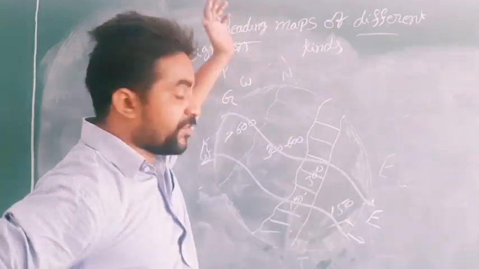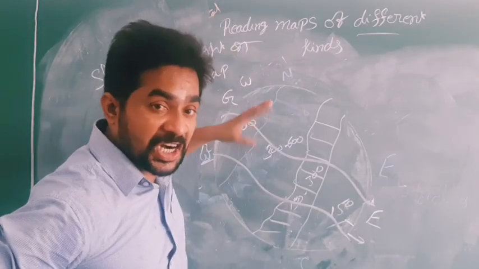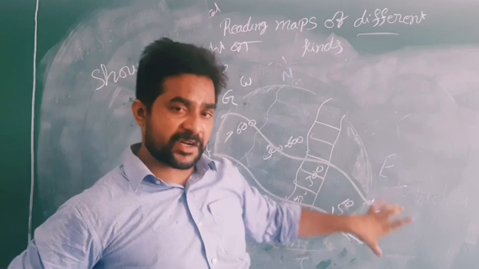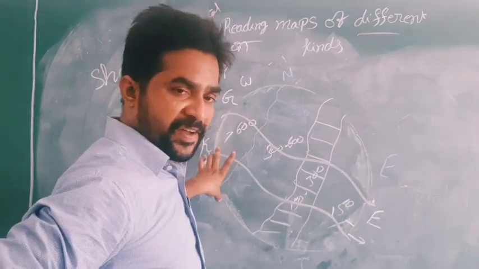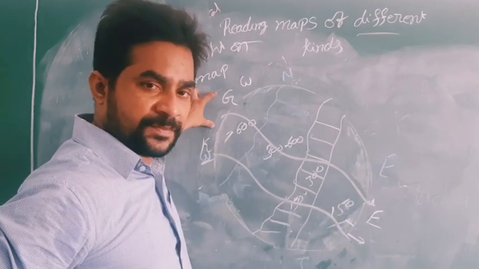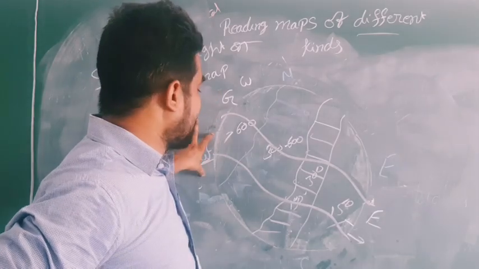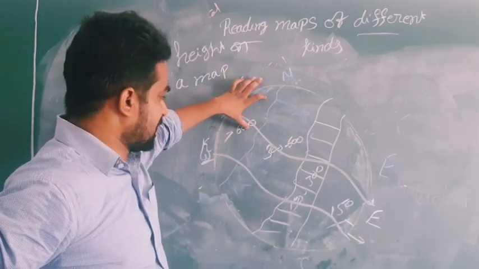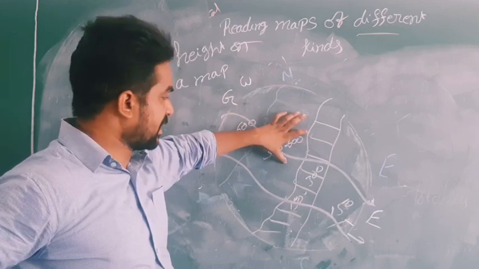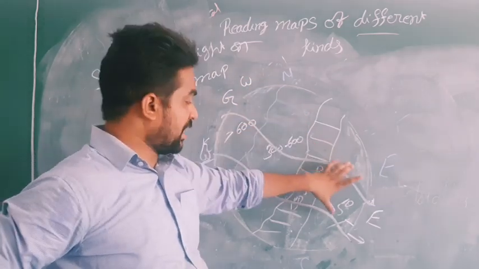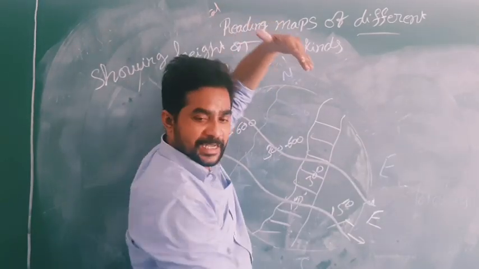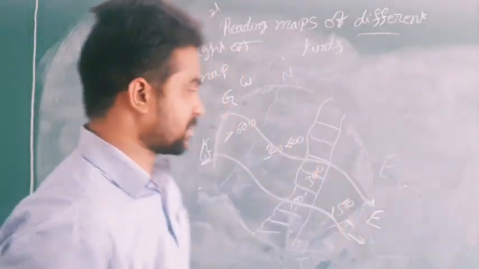So because the structure of Telangana is always bending from the western side to the eastern side, rivers like Godavari and Krishna flow. Here the height is 600, here 300, here 150, and here somewhat less.